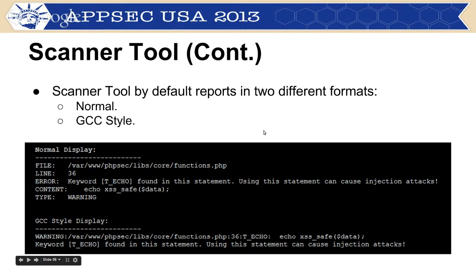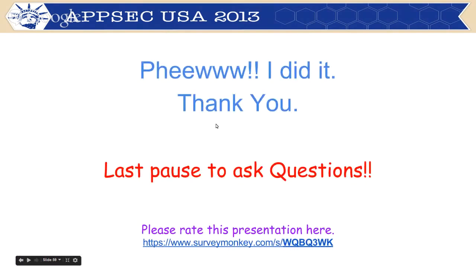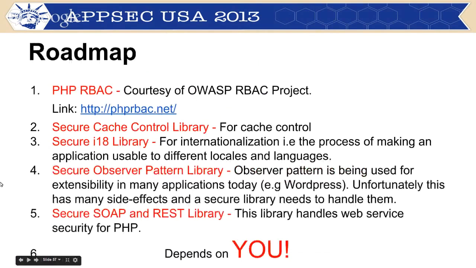So that was that, and I need to tell you where we are now and what needs to be done in future. I've already shown you a lot of libraries that we have created. The future work is a project called PHP RBAC, which is role-based access control. As you can guess, it is access control, who can access what and who should not be accessing what things.